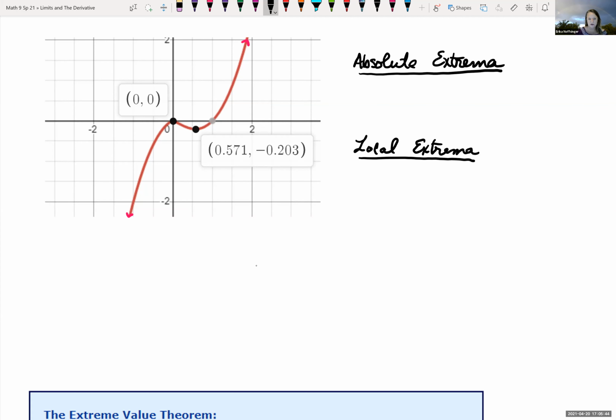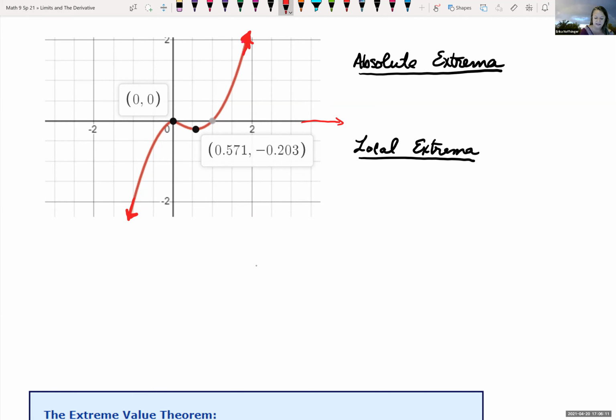Notice that if those values are extending on, as x is going to negative infinity, our y value is shooting downwards. It's always getting smaller and smaller. And same idea here, as x is going to positive infinity, our y value is shooting upwards, and there's no highest y value that we would get.